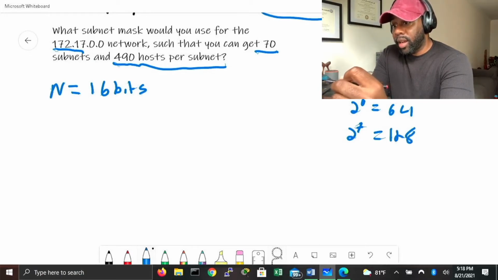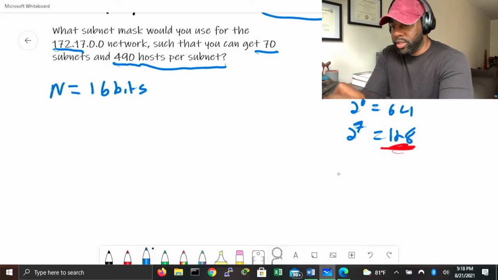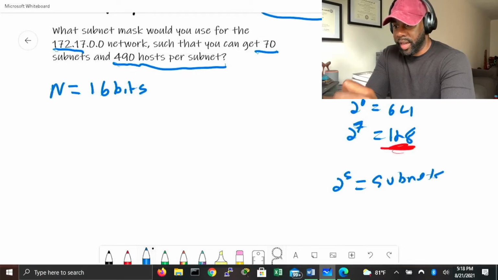Yeah, I think we're going to use 128. So what is that telling us? Remember, 2 to the S is equal to the amount of subnets, and S is simply the subnet bits.